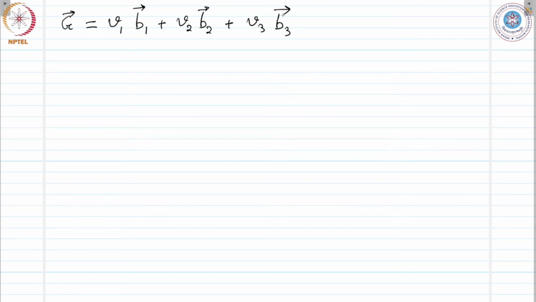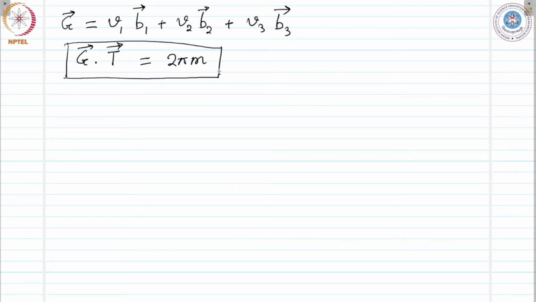With this definition of G, in order to satisfy G dot T equals twice pi m, this is the condition that we found to be necessary to have the periodicity in the crystal, we require that Bi dot Aj be twice pi delta ij. If we have this condition satisfied, then we will have the boxed condition here implied from that.